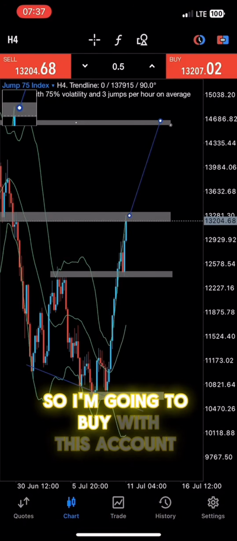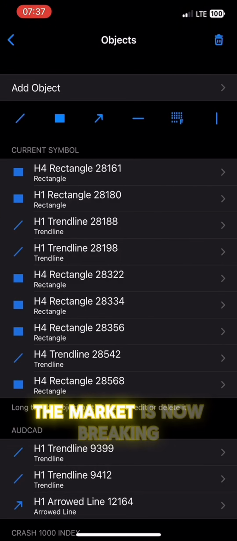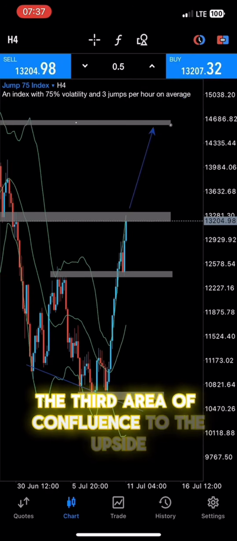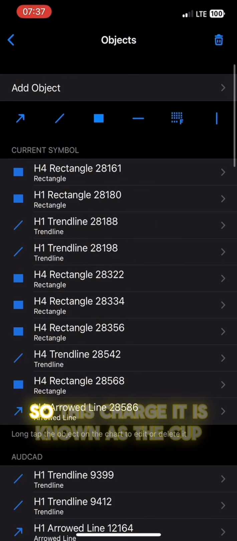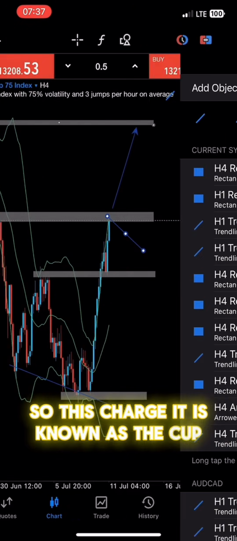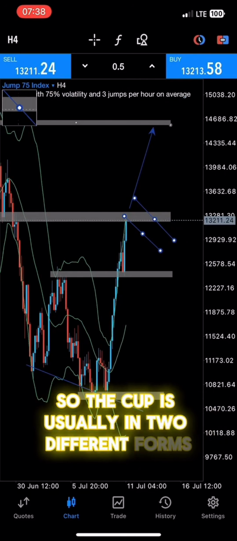So I'm going to buy with this account because the market is now breaking the third area of confluence to the upside. This chart is known as the cup. The cup is usually in two different forms.